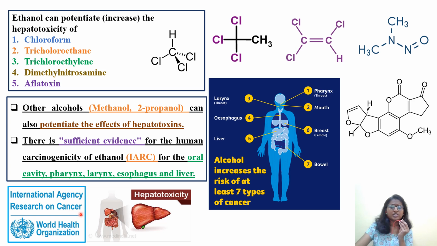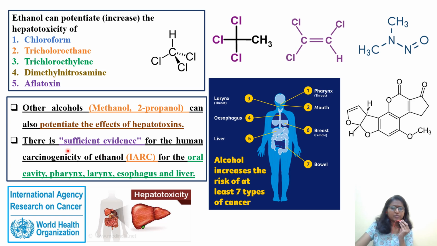They do 2-year bioassays, both mice and rat studies, and also based on literature they classify these chemicals as class 1 or class 2A. In another video I will definitely cover the IARC classes. Today we'll stick only to this one.